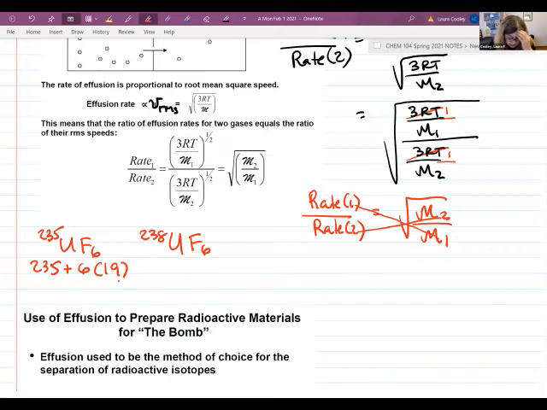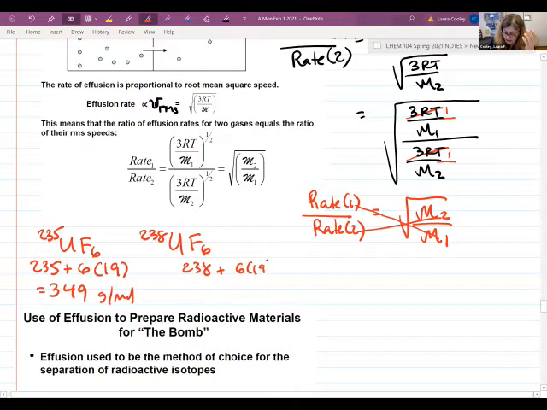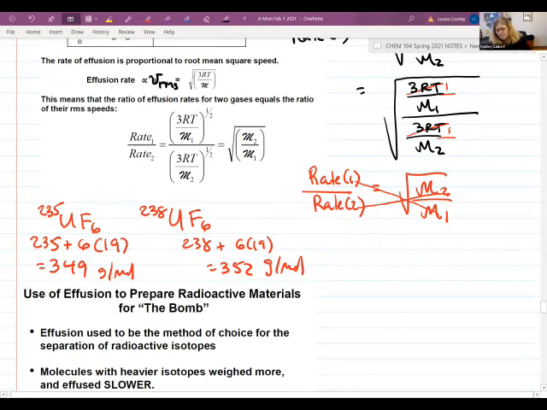That comes out to 349 grams per mole. This guy is 3 more. It's 238 plus 6 times 19, or 352 grams per mole. So look at these different molar masses. They're almost the same, and that's why this is so hard to do.